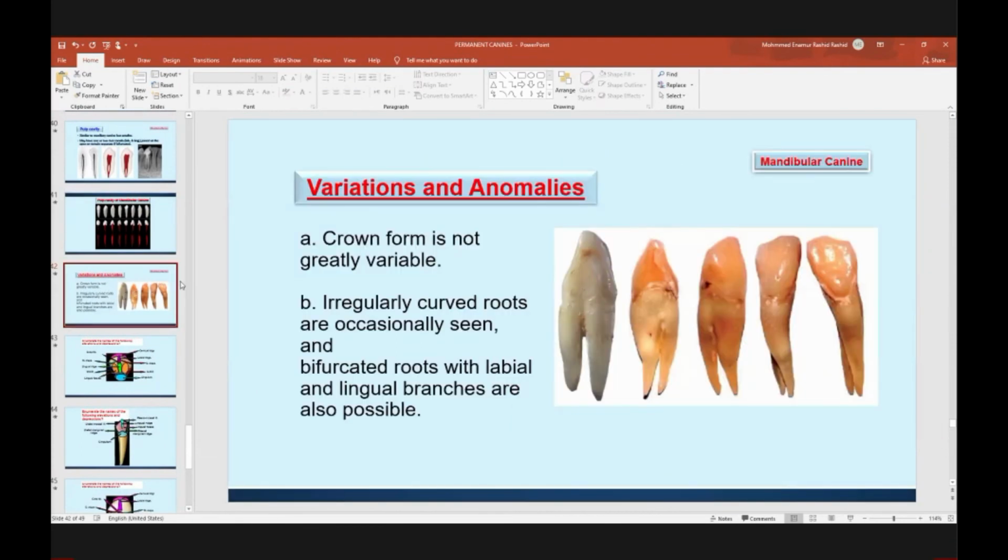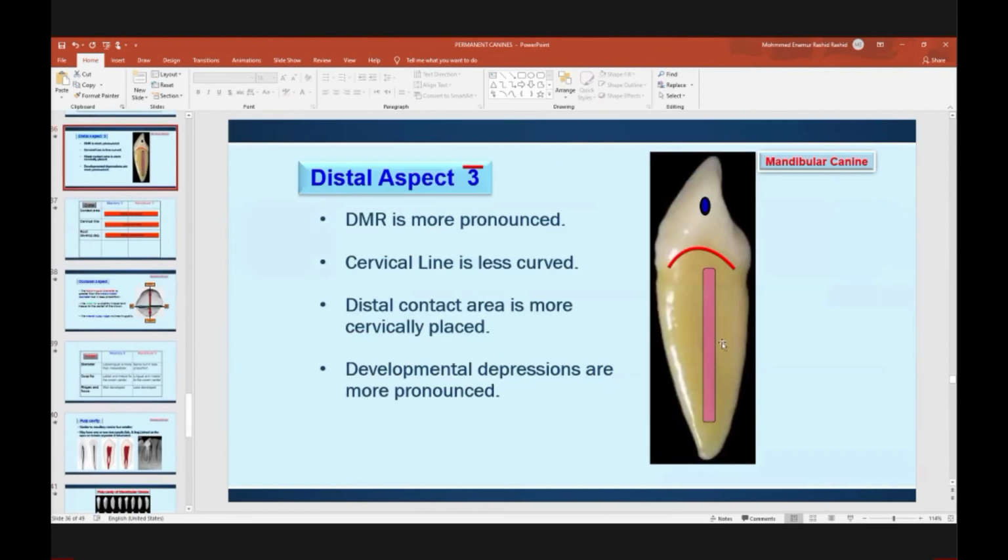I told you about the developmental depression. For example, just imagine this is a single root like this, okay? But we told you that there is a developmental depression here. If this depression is too deep in the apical area, what is happening?